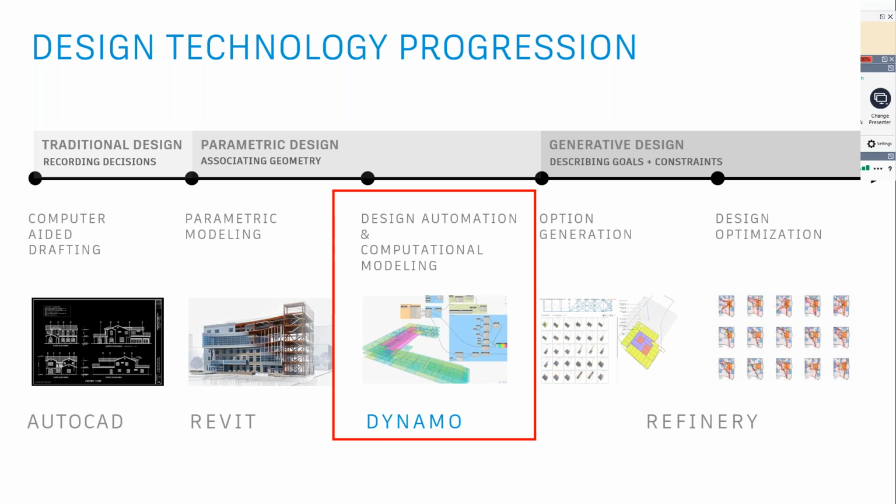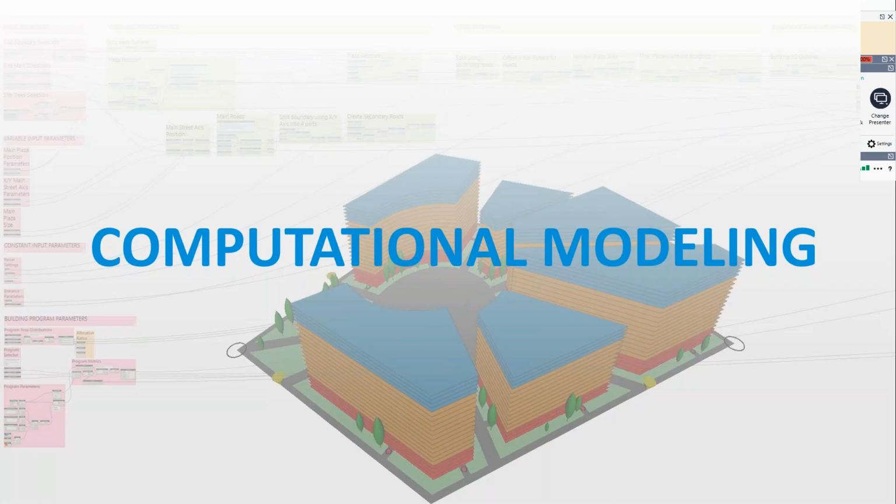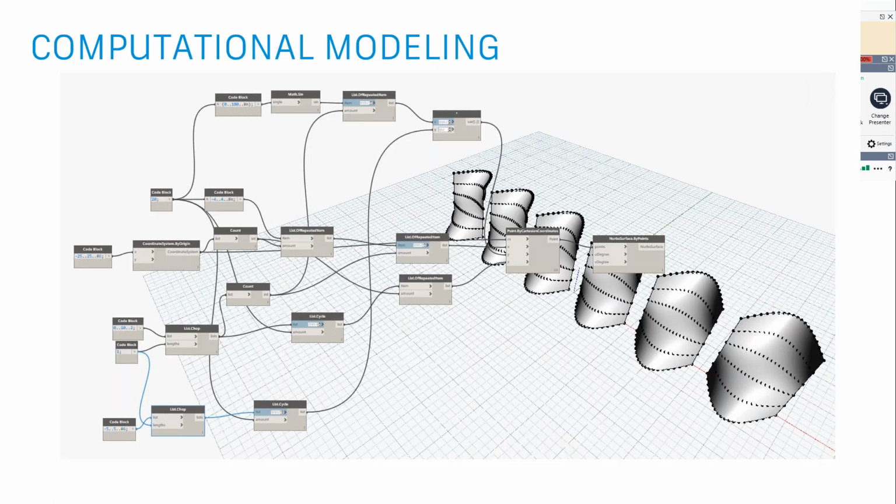Dynamo is the go-to application in the Autodesk portfolio for computational design and computational modeling. Let's have a look at what computational modeling entails and what the different use cases are. Before I jump into the use cases, let's discuss what I mean by computational modeling.